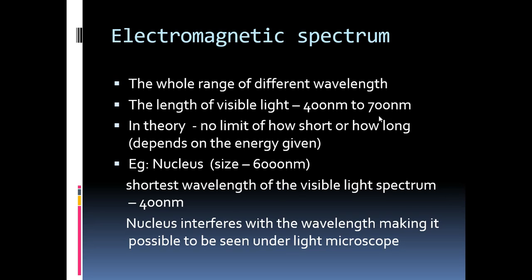So the object is large enough that it causes the wavelength to be interfered with, and some of it will be reflected back to our eyes so that we can observe it. So that's the theory.